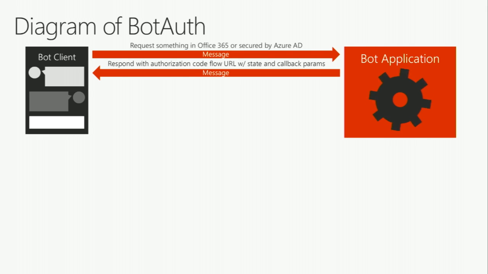It's a normal login.microsoft.com authorize URL, but there's all kinds of bot information. In fact, we serialize the bot state and pass it through this authorize URL, because once you finish the sign-in process, we can pick things up exactly where you left off.